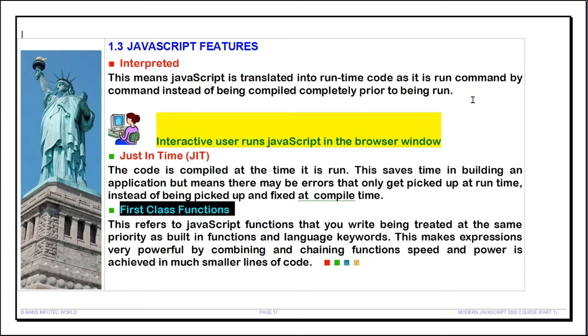You can chain functions, which means running one function and then sending the output of that function into another function, and then sending the output of that function into another function. So you can run a number of functions in one expression. You can run a complete chain of functions, which makes it very powerful. And you're doing a lot of work within a small number of lines of code.